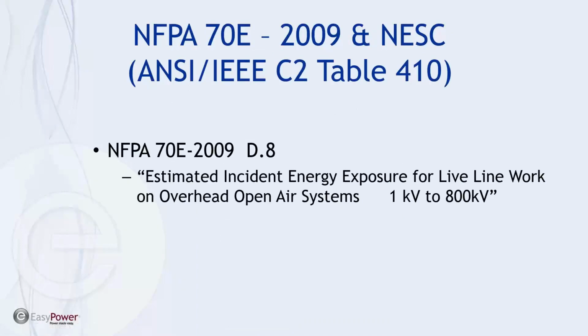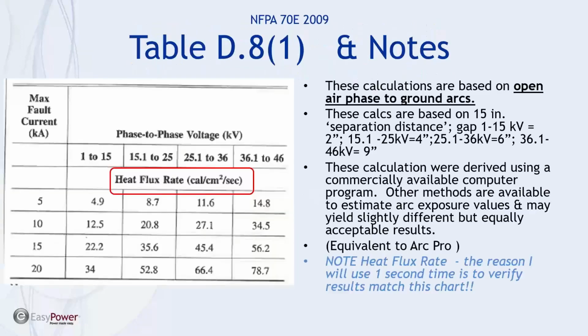Now, when it comes time to talk about the NESC tables, again, I mentioned that in 2009, NFPA 70E appendix included this. This was stipulated to be estimated incident energy for exposure for live line work on overhead open air systems between 1 kV and 800 kV.